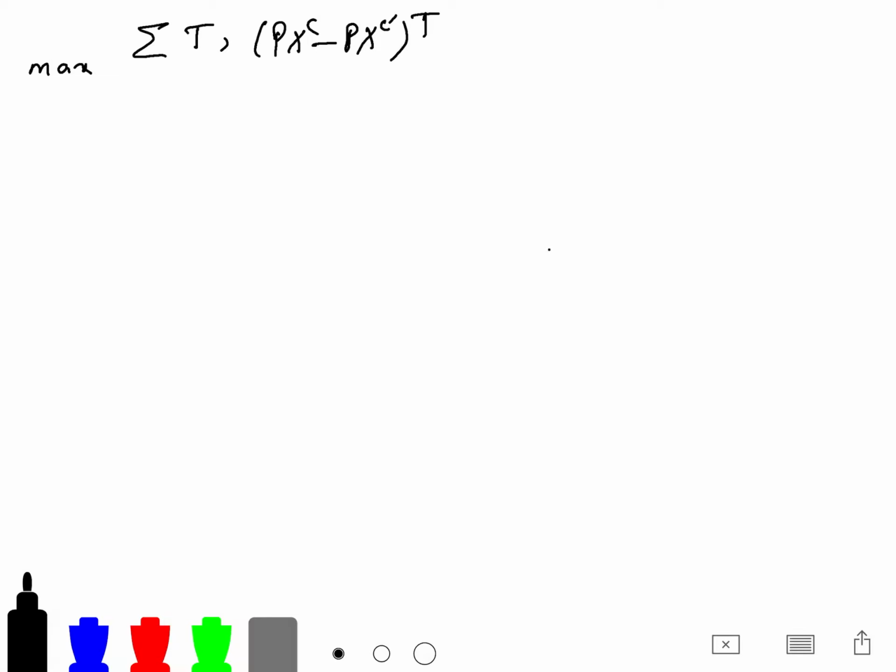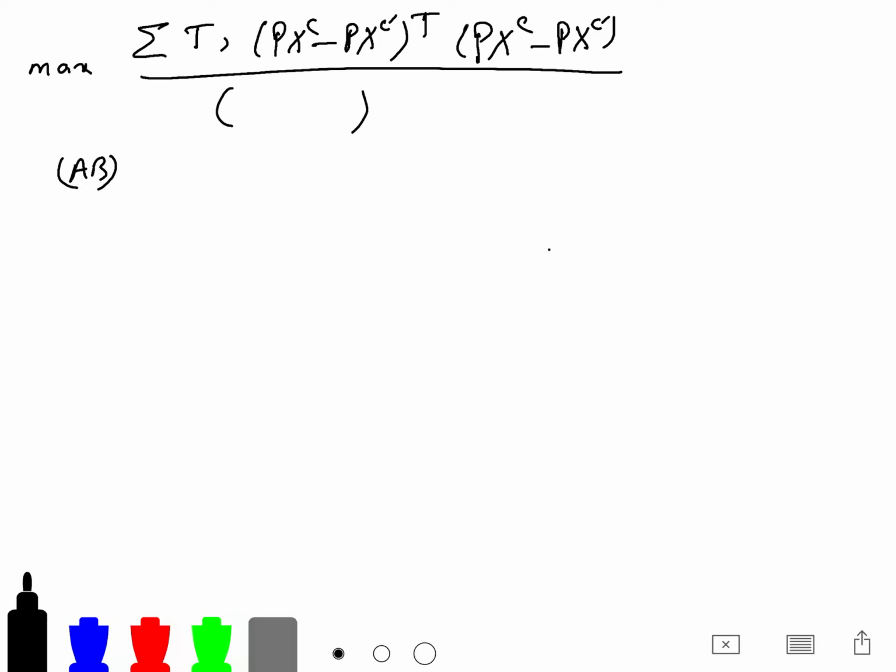So multiplication of these two vectors instead of just the norm, Pxc minus Pxc prime divided by the denominator. One more time, I can write, because (AB) transpose becomes B transpose A transpose, of course, it's like inverse, (AB) inverse is B inverse A inverse.